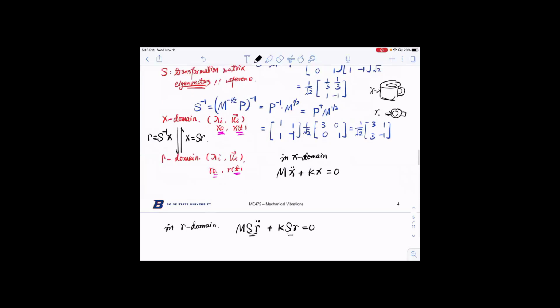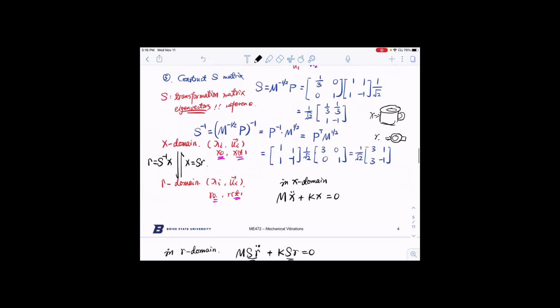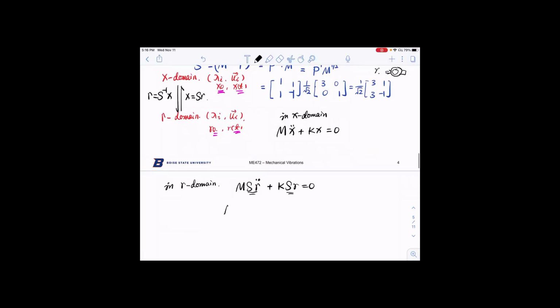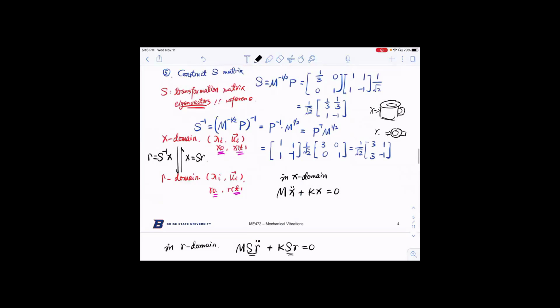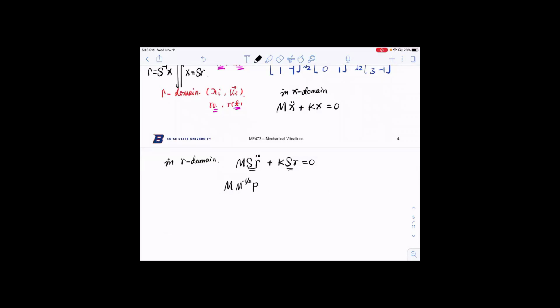And then what is your S? Your S is M to the minus a half times P. So you have M M^(-1/2) P R double dot plus K M^(-1/2) P R equal to 0.